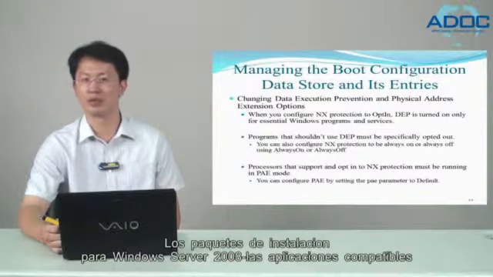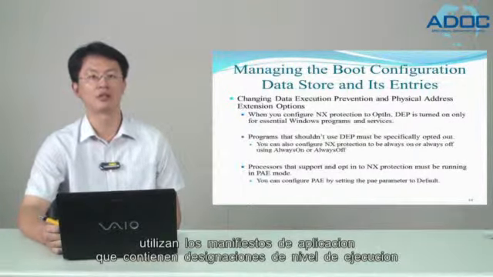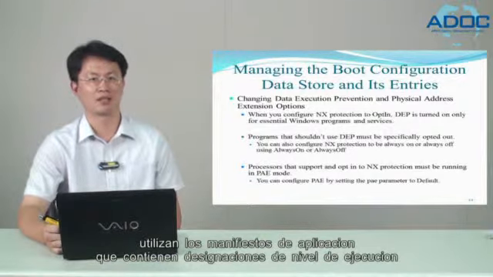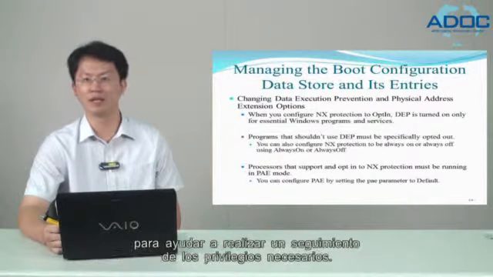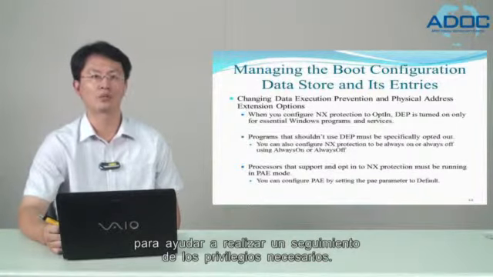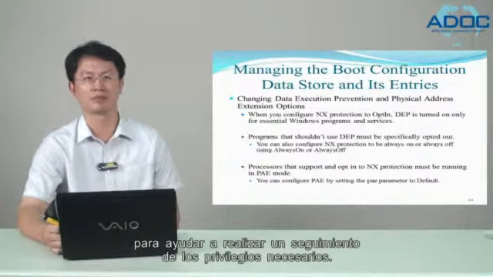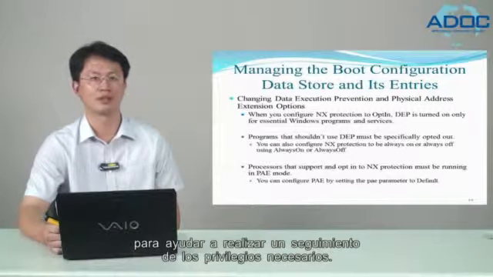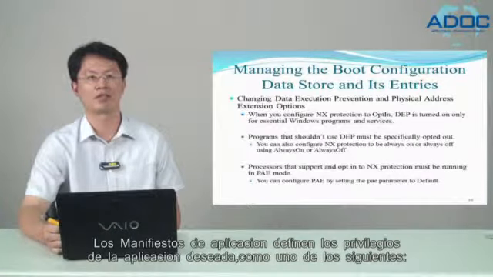Installation packages for Windows Server 2008 compliant applications use application manifests that contain run level designations to help track required privileges. Application manifests define the application's desired privileges as one of the following.